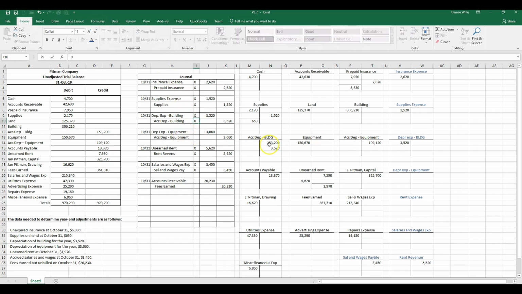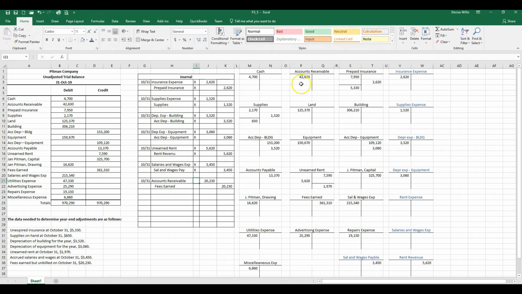We're going to find depreciation expense for the equipment right here, and we're going to put $3,060 into it because it says so right there. I'm going to mark that we did that line. Find the accumulated depreciation for the equipment, and it gets a credit of $3,060 from that line. Let's see, accounts receivable. Let's come down here.